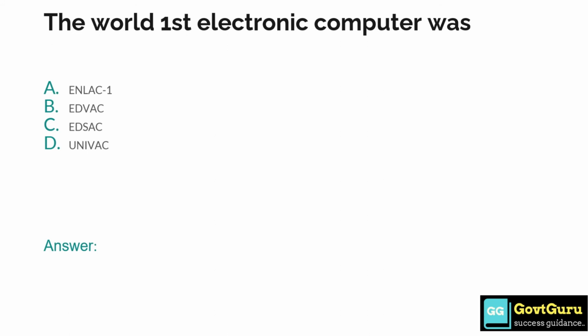The world's first electronic computer was option A ENIAC 1, option B EDVAC, option C EDSAC, and option D UNIVAC. The answer is option A, that is ENIAC 1.